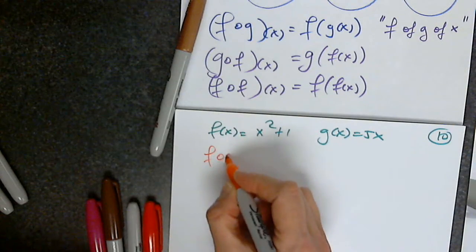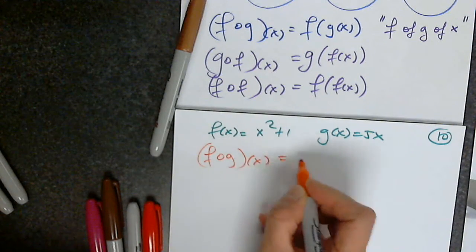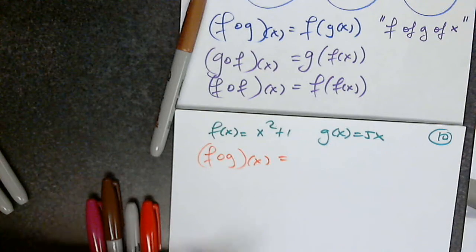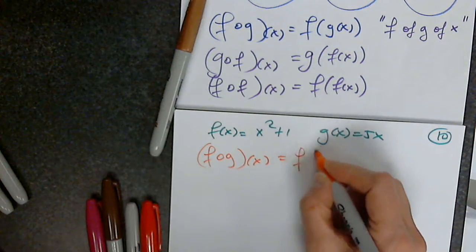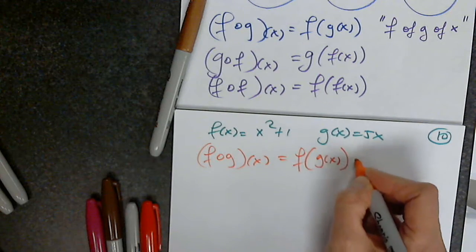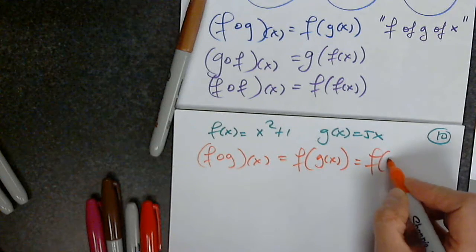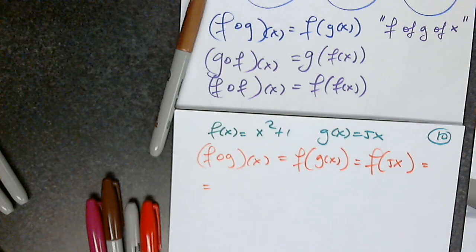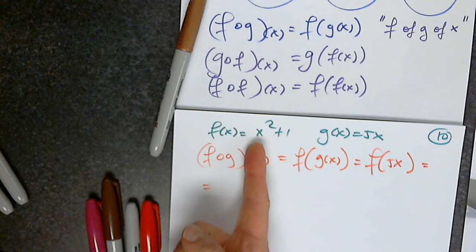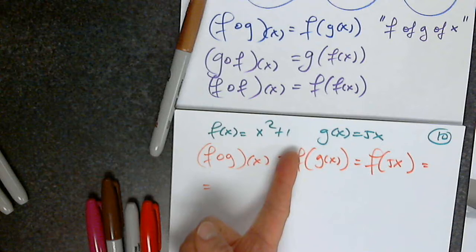So f comp g of x. Please write the definition first so you don't make a mistake. So this is f of g of x, which is f of 5x. Now I look at f. What does f say? F says whatever squared and then plus 1.